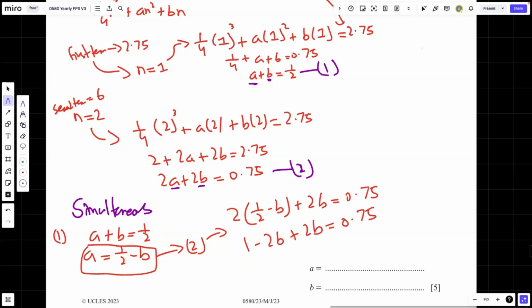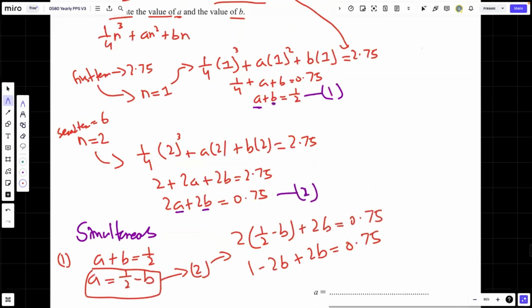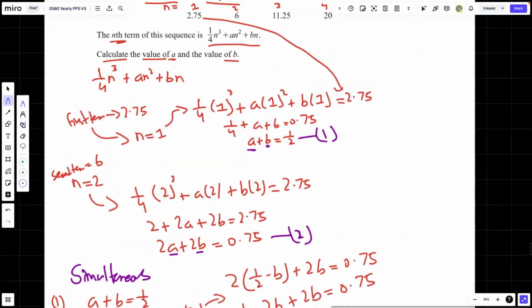Yeah, the b shouldn't cancel out, so we have probably made a working mistake somewhere. So let's just check. Yes, this is not supposed to be 2.75, because n equals 2 would give us the second term, which is actually 6. It's supposed to be 6, not 2.75.